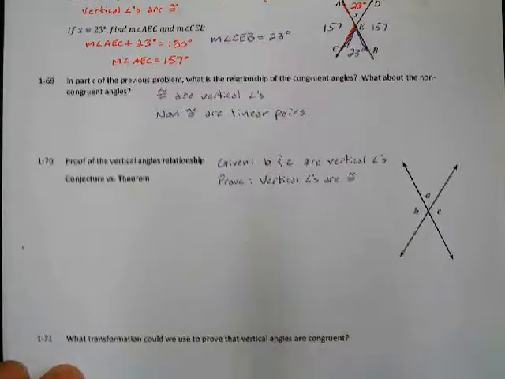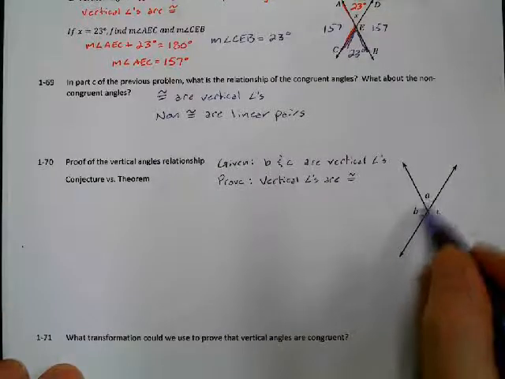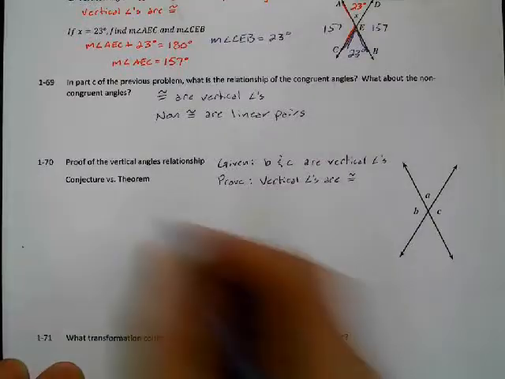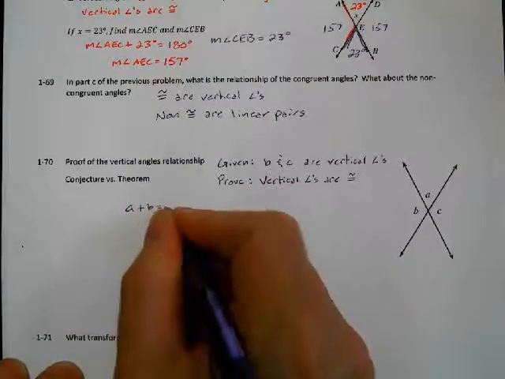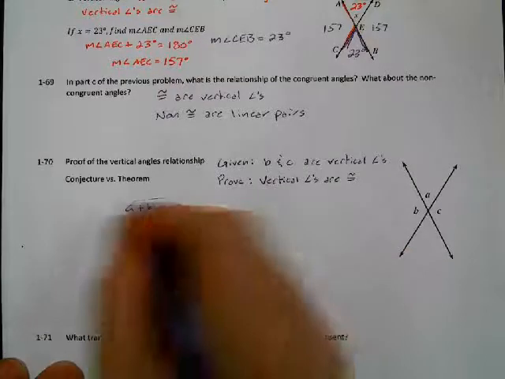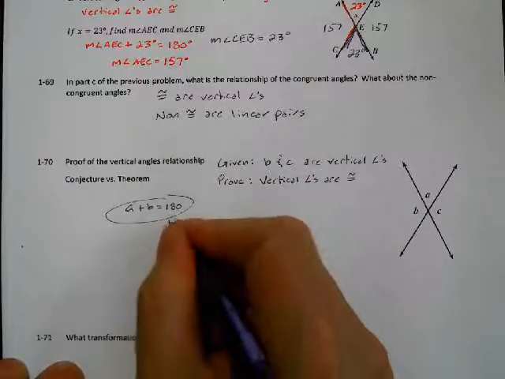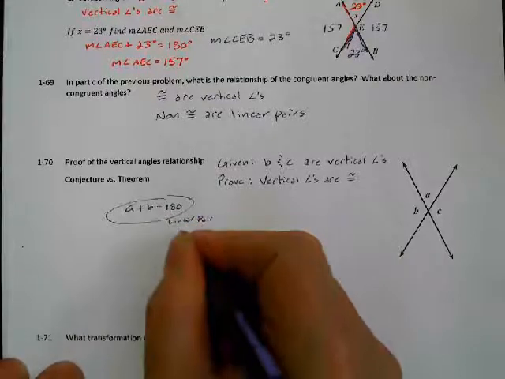All right, so here's how we would do this. First thing that I would say is, well, I know that A and B are linear pairs, and linear pairs are supplementary. So I know that A plus B is 180 degrees. I know that for a fact because linear pairs are supplementary. I'm just going to say sup.